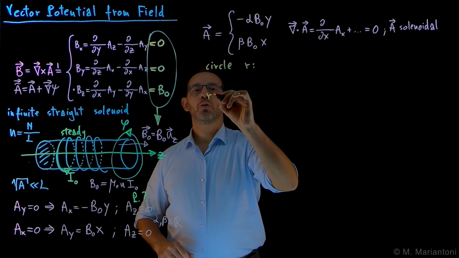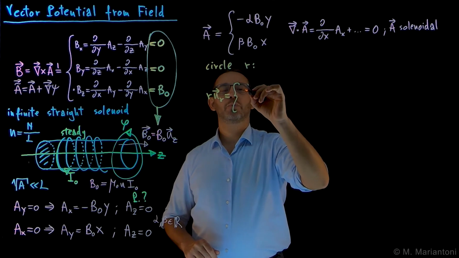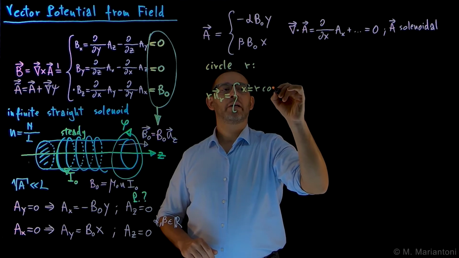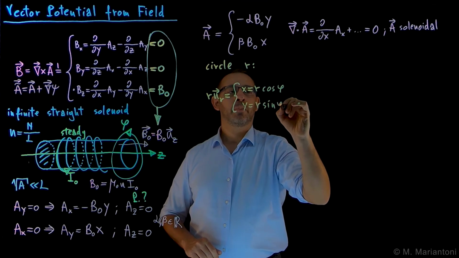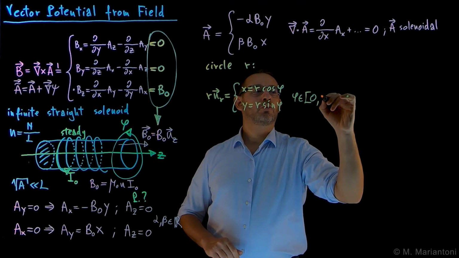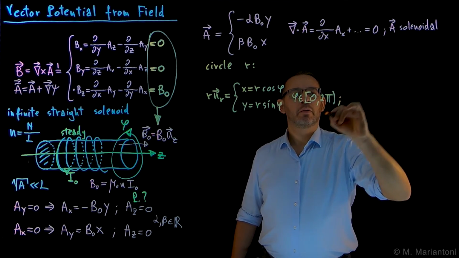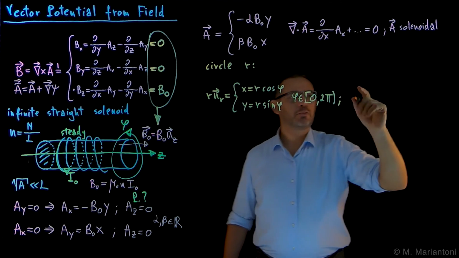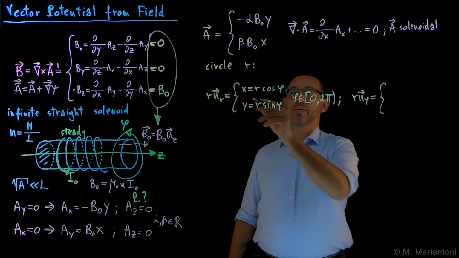So we know that the position vector r of such a circle in parametric coordinates is going to be written as x equal to r cosine of phi, and y equal to r sine of phi, where phi belongs to the region from 0 to 2 pi, excluded because it's periodic. Now, if we want to compute the tangent unit vector at each point on this circle, this will be r u phi. This one is going to be given by the derivatives of this object.